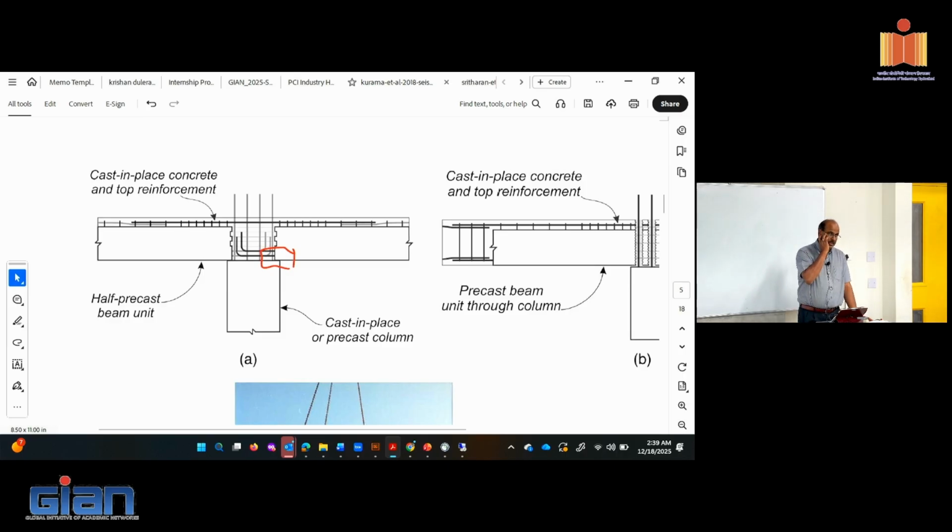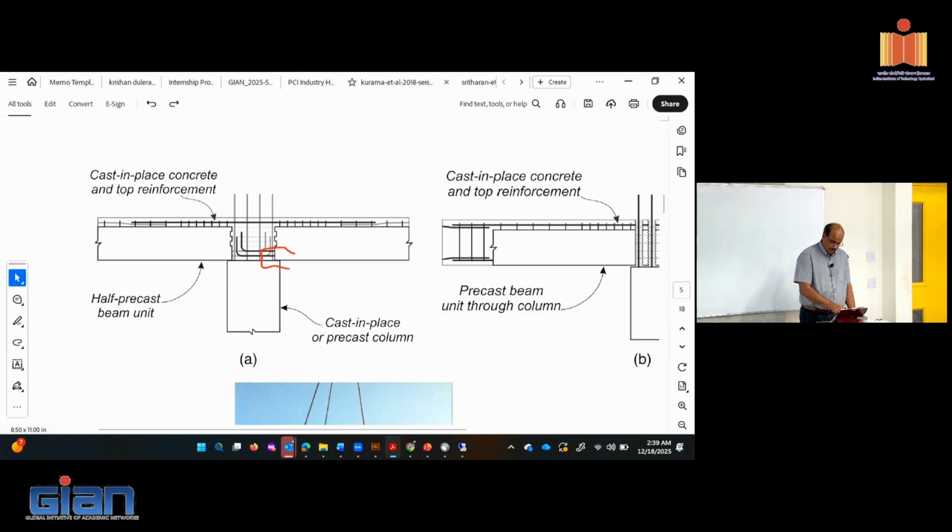They do that to eliminate any temporary support if they can. Obviously, it's going to save time and money if you can temporarily support on the top of the column. And then they will do all of the casting with the cast in place concrete. That will be done after placing some top reinforcement as well as doing the formwork for the floor slab as well.